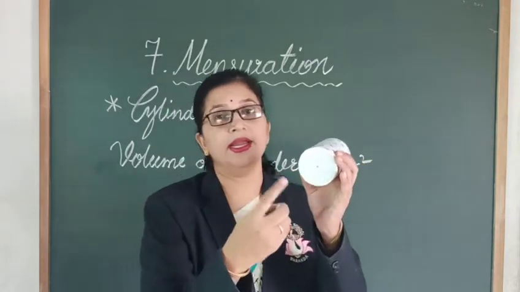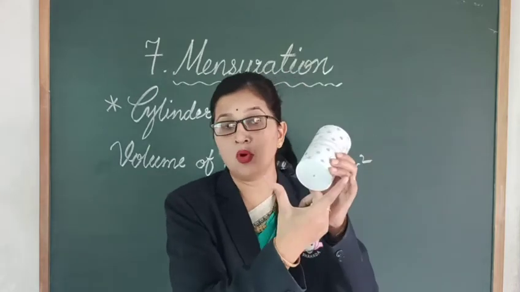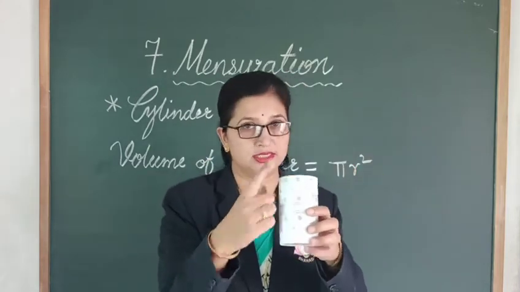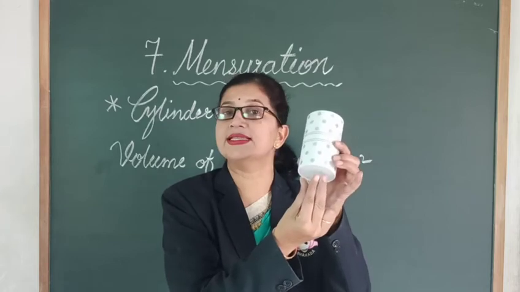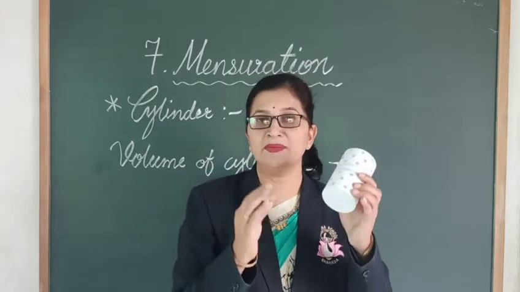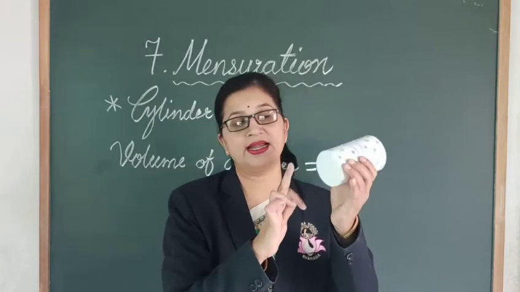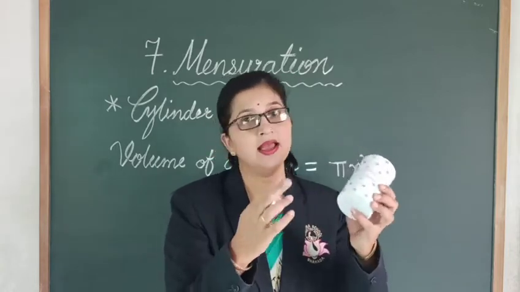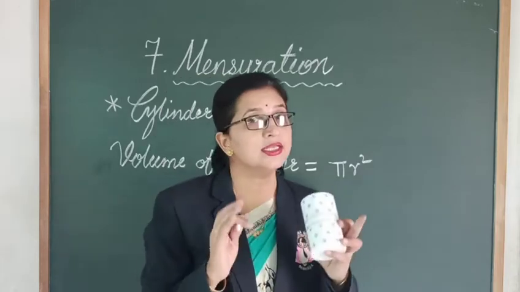If the base area is more, it will hold more water. If the base area is small, it will hold less water. It means the volume of the cylinder depends upon the base area, that's why pi r square.